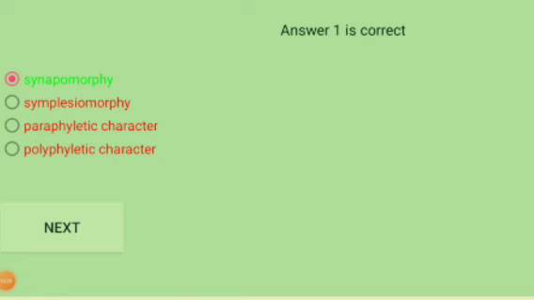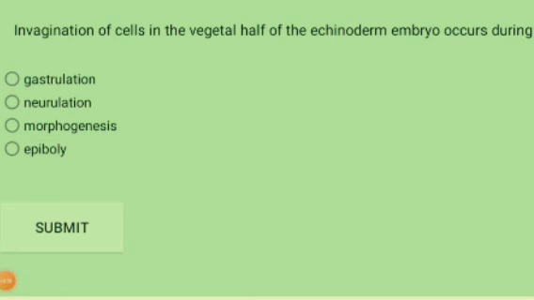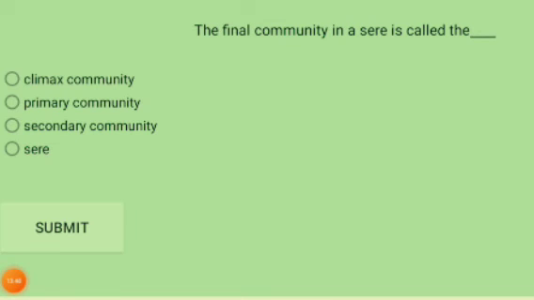Option A is correct. Invagination of cells in the vegetal half of an echinoderm's embryo occurs during a process called option A gastrulation, option B neurulation, option C morphogenesis, option D epiboly. So it's actually option A, gastrulation.